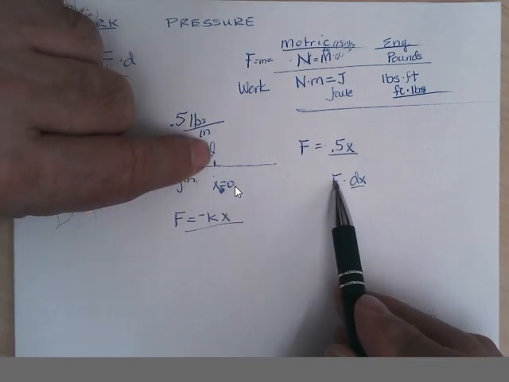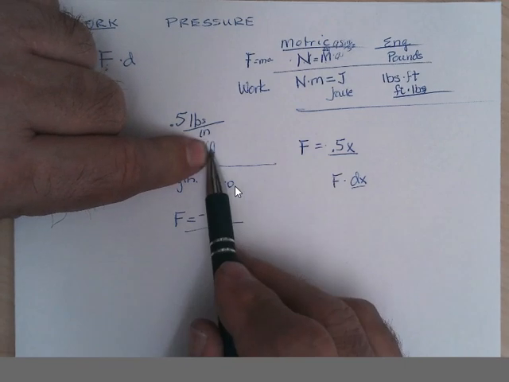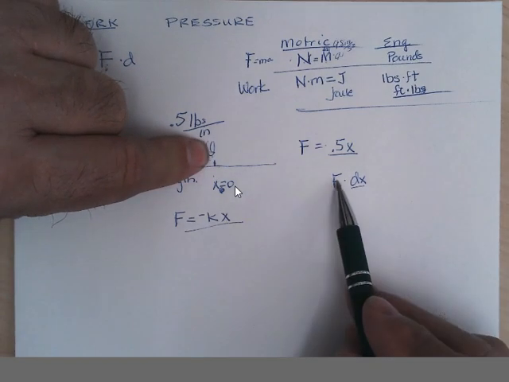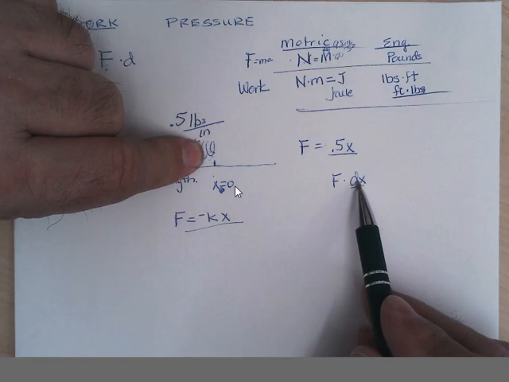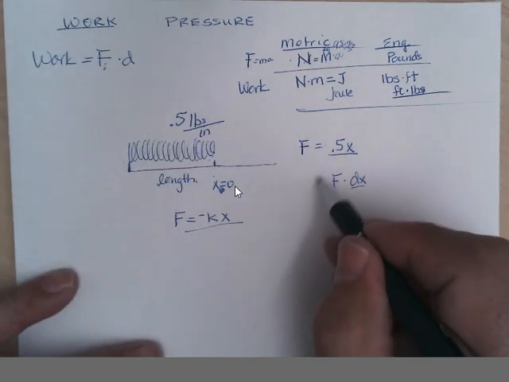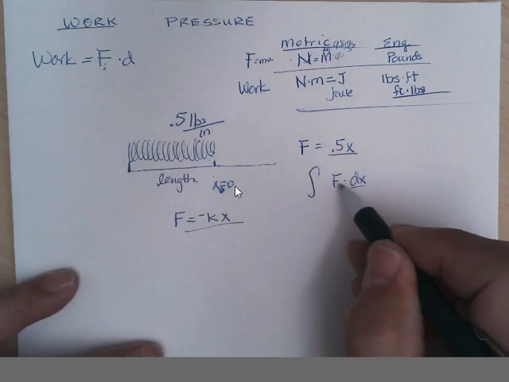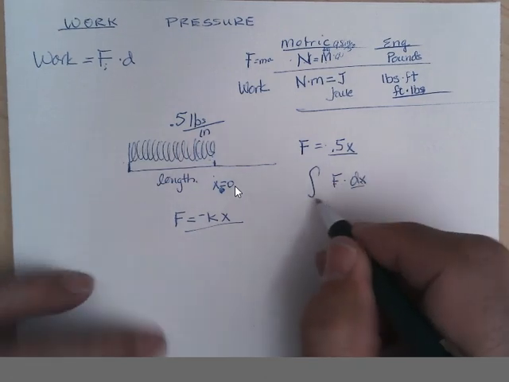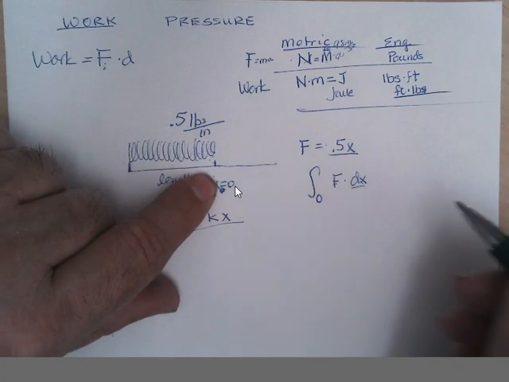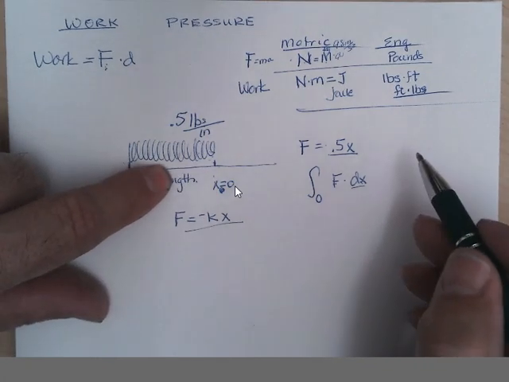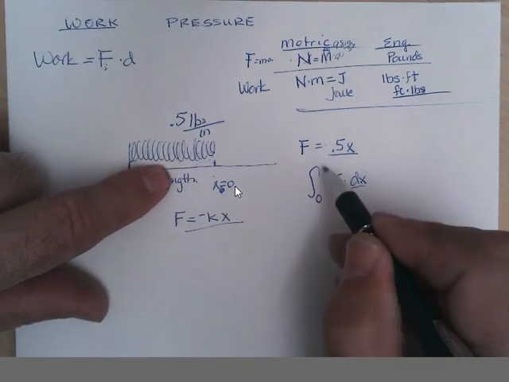But now we've compressed it, so now the force is increased, and so we're going to do the new force times a little distance, and then the new force times a little distance, and so we're going to add up all the forces times distance as x goes from 0 position to, let's compress it 3 inches.